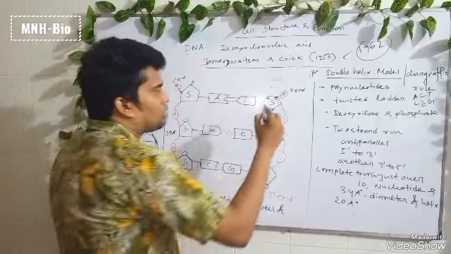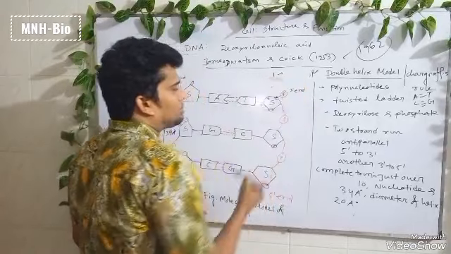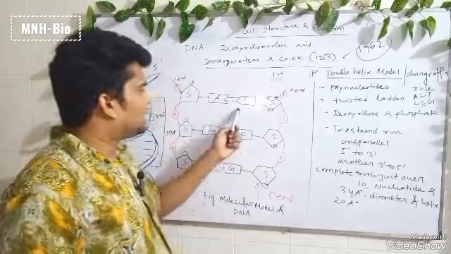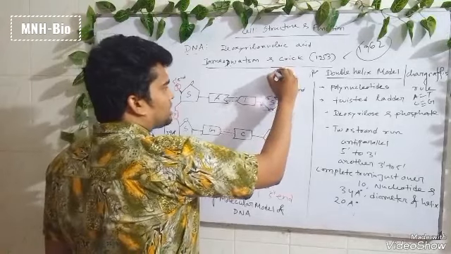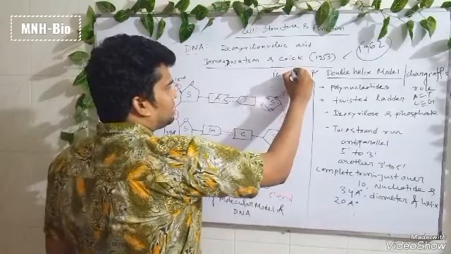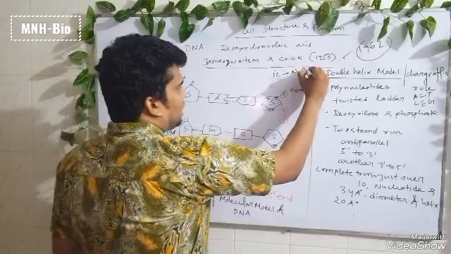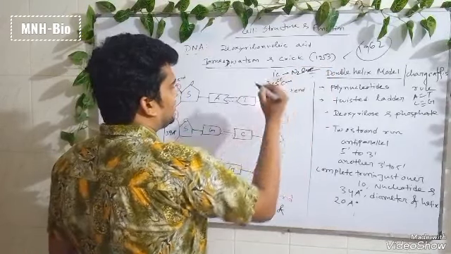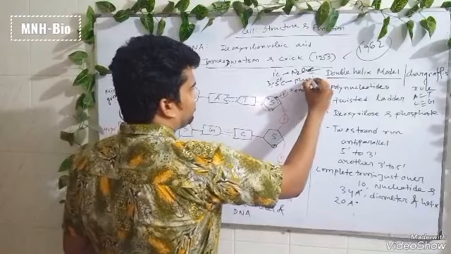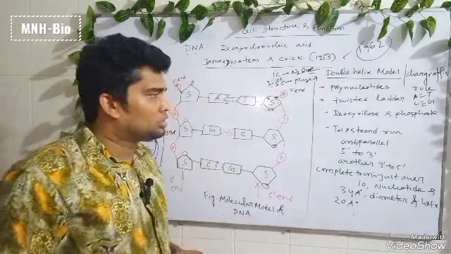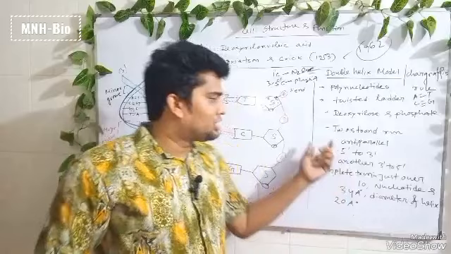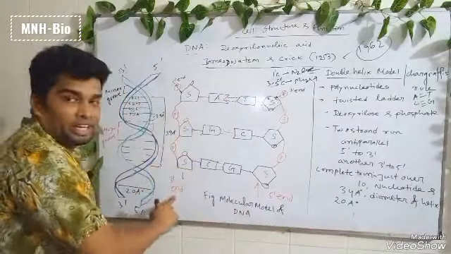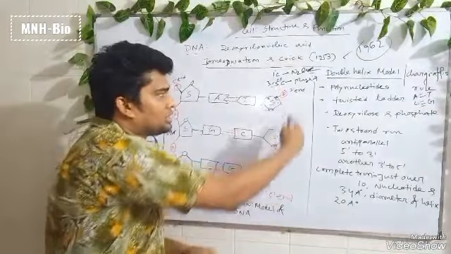The number 1 carbon of the sugar is connected with the nitrogen base, and the number 3 and 5 carbons are connected with the phosphate group. Then we know that the two strands run antiparallel: one strand is 5 to 3, and the other strand is 3 to 5.